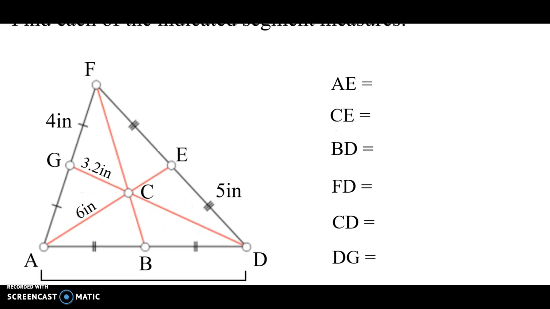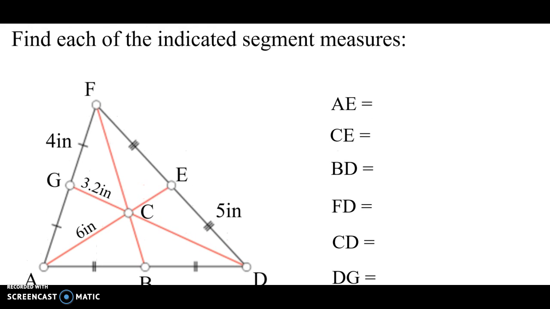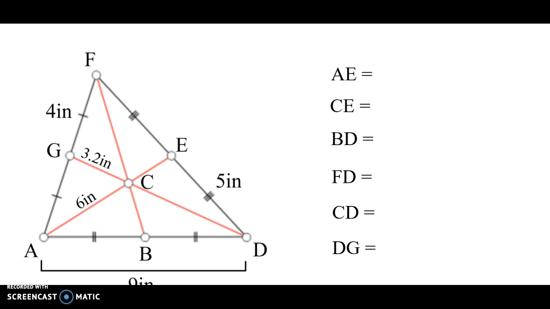So let's take a look at this picture here. Let's fill out all of the missing values. So starting off, A all the way to E. Let's split this into thirds because it's our 1/3, 2/3 theorem. If this is 6, what is 1/3 of that? Or I should say, what is 1/2 of that? It would be 3, right?